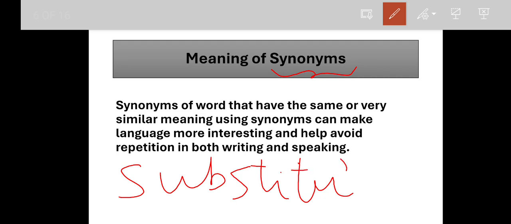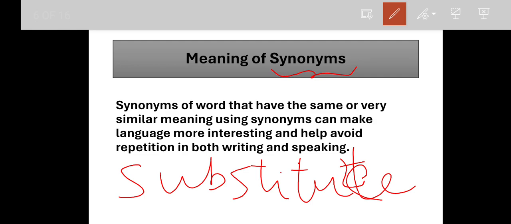Substitute means, let me give you a very simple example. If your English teacher has gone for a long leave, maybe 2 or 3 months, so instead of that teacher, another teacher teaches you English. That is a substitute. Okay, hope this is clear.